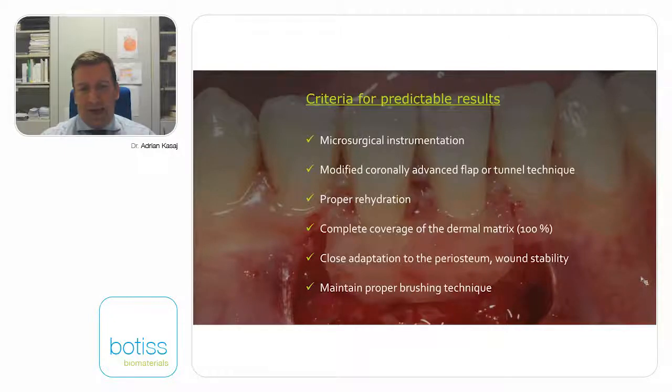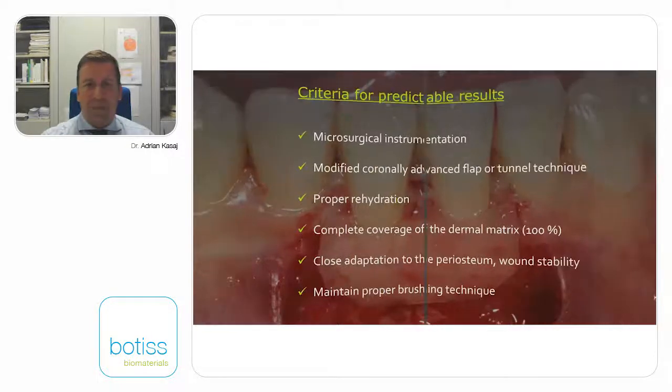The rehydrated matrix has to be closely adapted to the recipient site. There shouldn't be any dead spaces at the interface between the root surface and the rehydrated matrix. Very important is the wound stability in the early healing period. And you should maintain a proper brushing technique post-operatively.